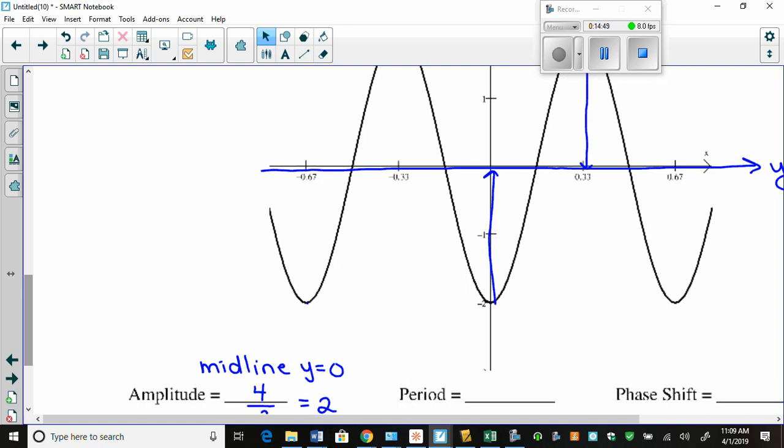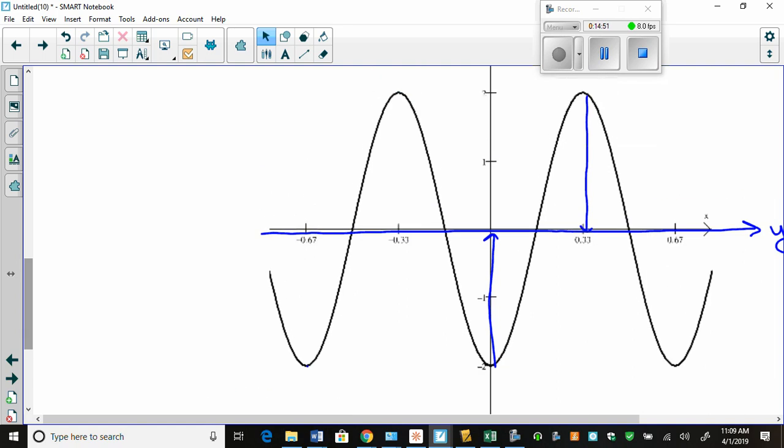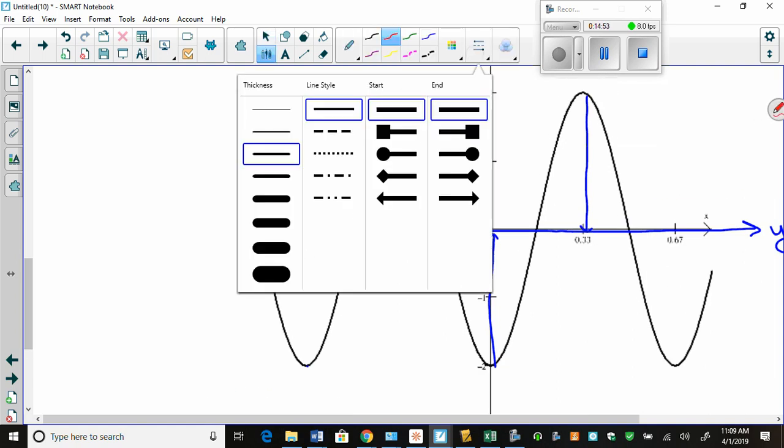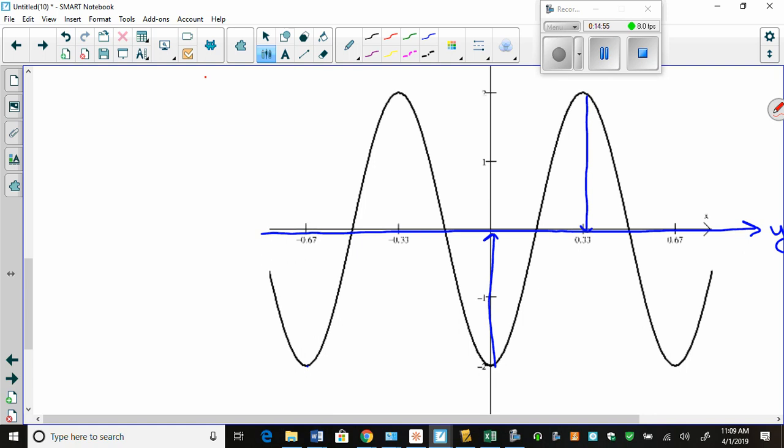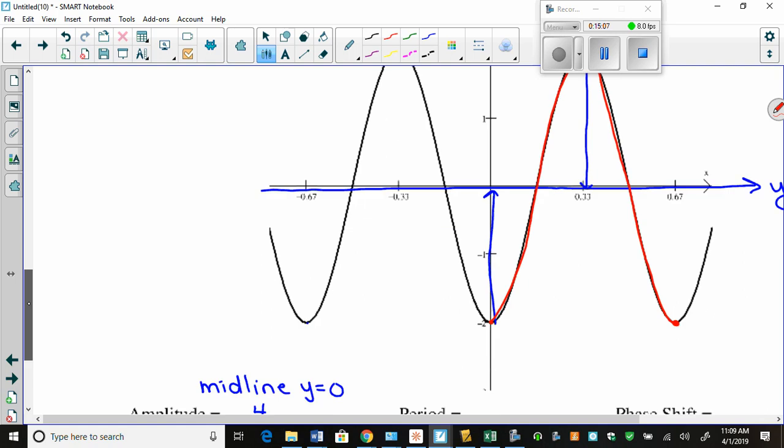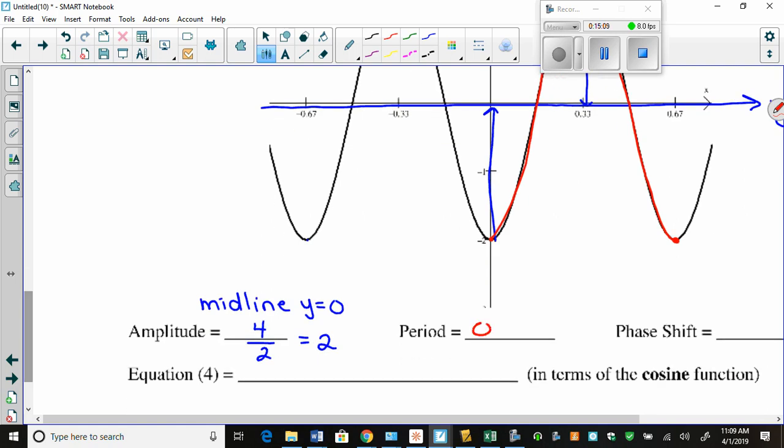Okay, this one. From a min to a max, back down to a min, 0.67. So my b is going to be 2 pi divided by 0.67.